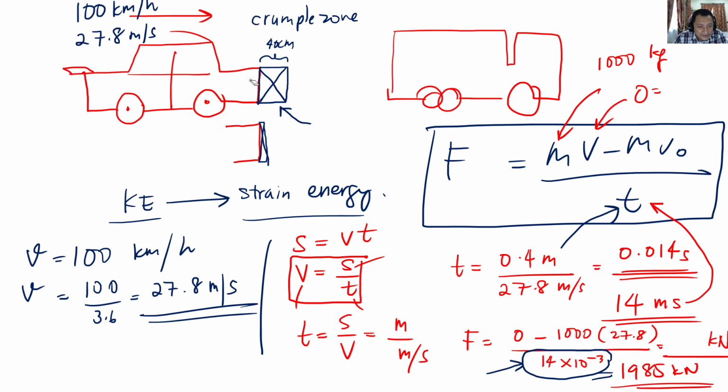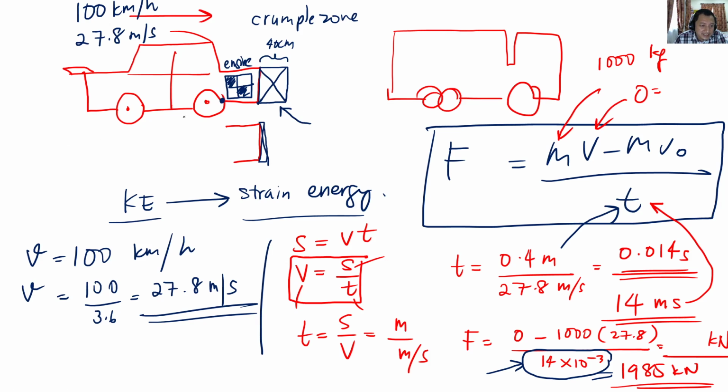Because behind here you have this very heavy big object. What is it called? This heavy object is called engine. An engine is very heavy and it's non-deformable. It's a huge cube. You cannot extend your crumple zone already. So what do?